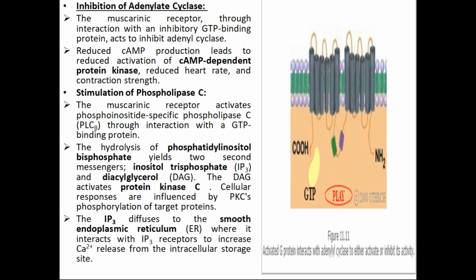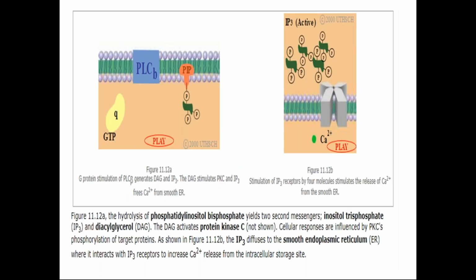And we have seen what the pathway is, what the mediators are, and how the pathway goes. So the same thing is written here. Just you have to know that the cAMP pathway is blocked and the IP3 pathway is stimulated. Fine. Everything we have studied till now is written here.